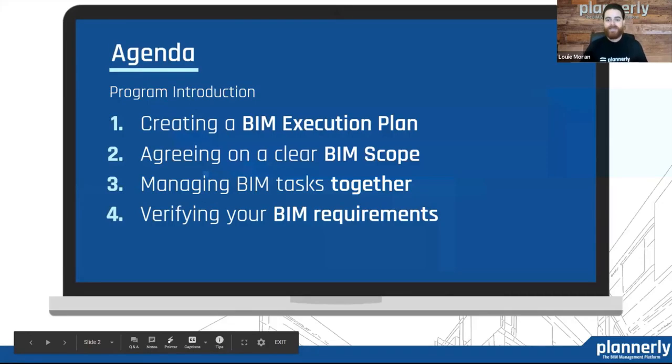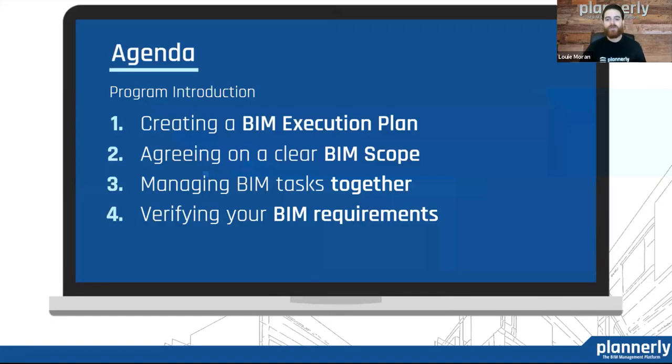So today in the agenda of the masterclass, we'll be going over 4 BIM management processes. The first would be creating a BIM execution plan, how we would go ahead and do that with a team collaboratively, and how we can agree on that. We also want to agree on the types of scopes that we need for the project.